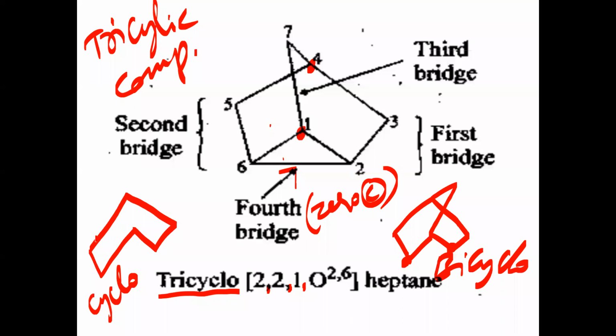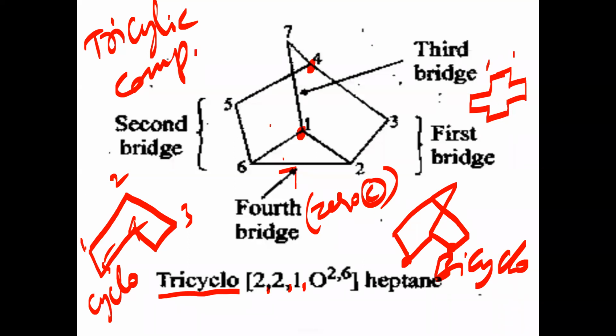Now take this one here. What is the name of this compound? Number of atoms here: 1, 2, 3, 4, 5. So it is cyclopentane. Suppose you take one ring like this, with a cross. Is it cyclo or bicyclo? It is also cyclo.